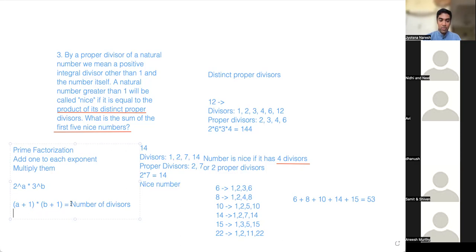So I want this product to be 4 here. A and B are 1, okay. Oh yeah. Or anything else?